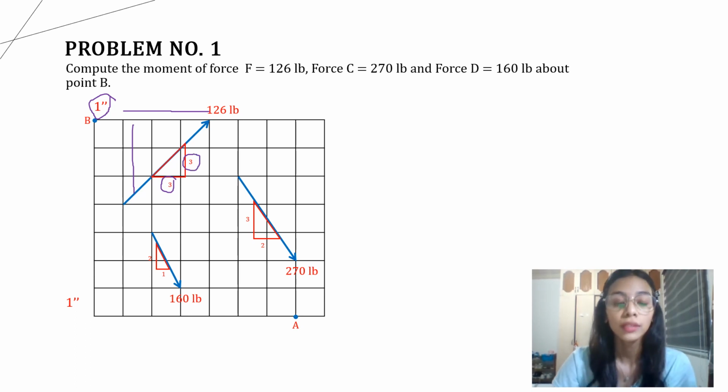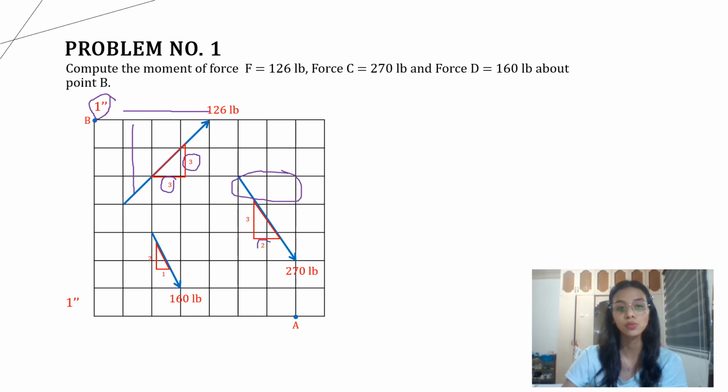For the force of 270 pounds, with the line of action downwards to the right, it is covering 2 boxes. So our x is 2 and our y is 3, since it is covering 3 boxes.